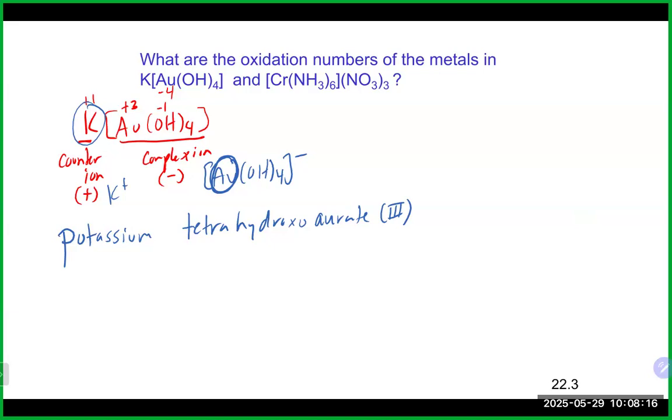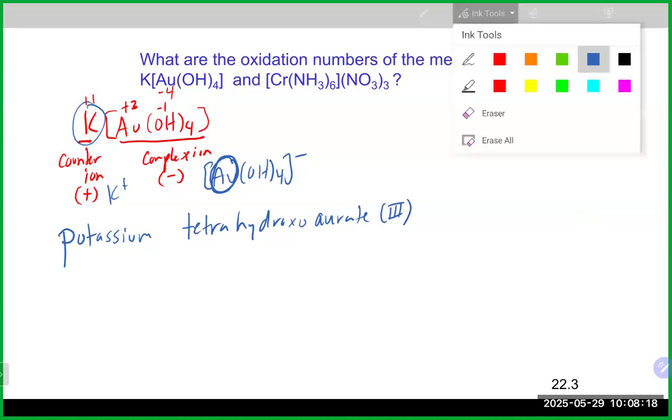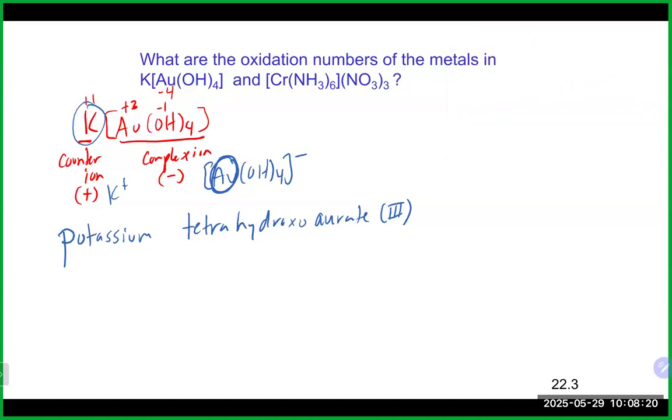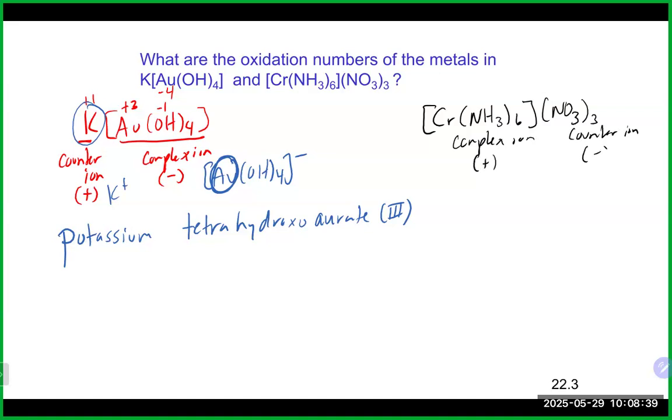If we look at the other example that we did at the end last time, we'll go through this one. Once again, from the placement here, this is our complex ion and this is our counter ion, so we know that this is positive and this is negative.